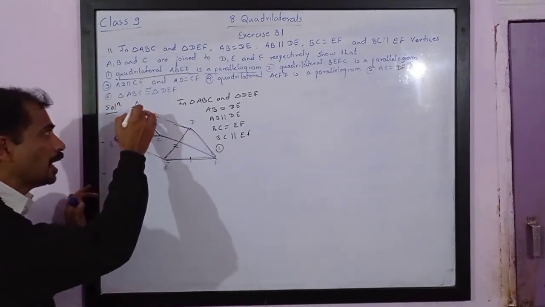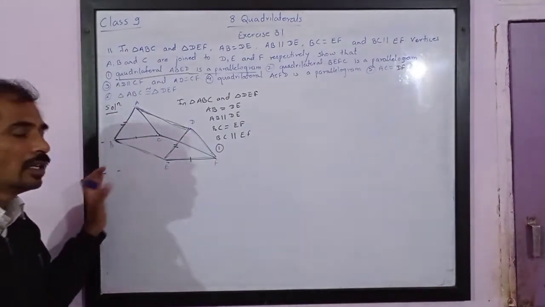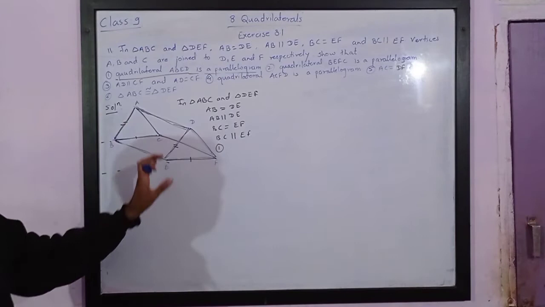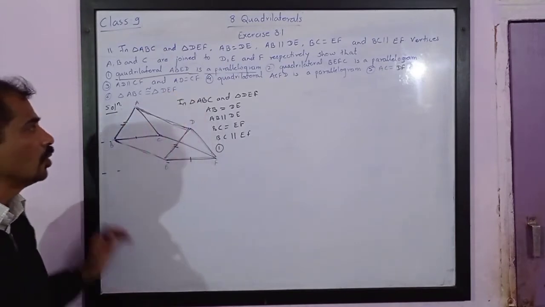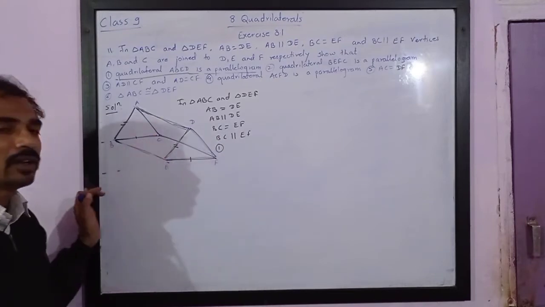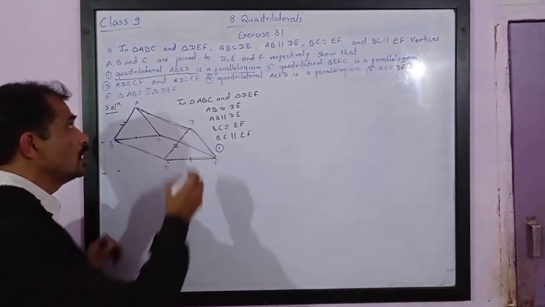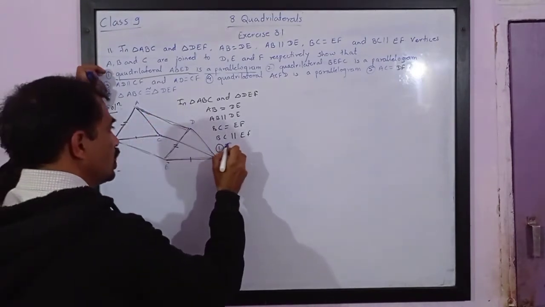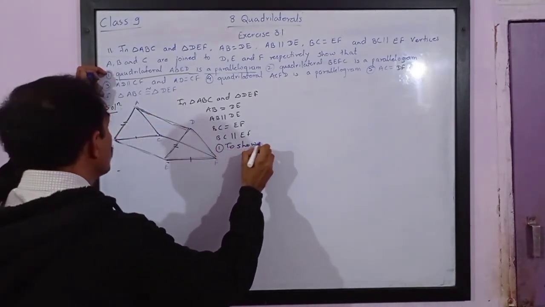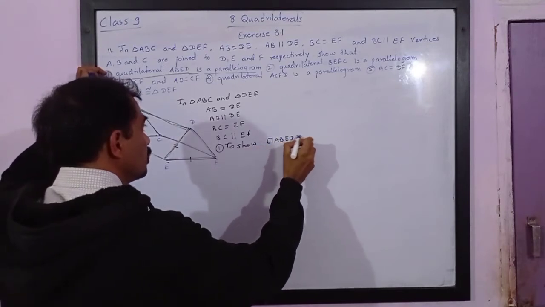If one pair of opposite sides is parallel as well as equal, we can directly call quadrilateral ABED a parallelogram. This is what we have studied in theorem number 8.